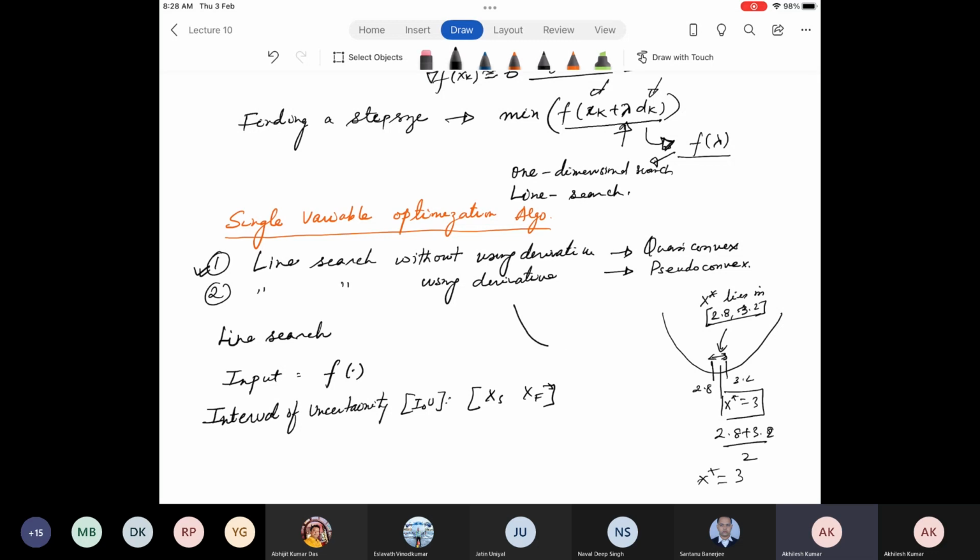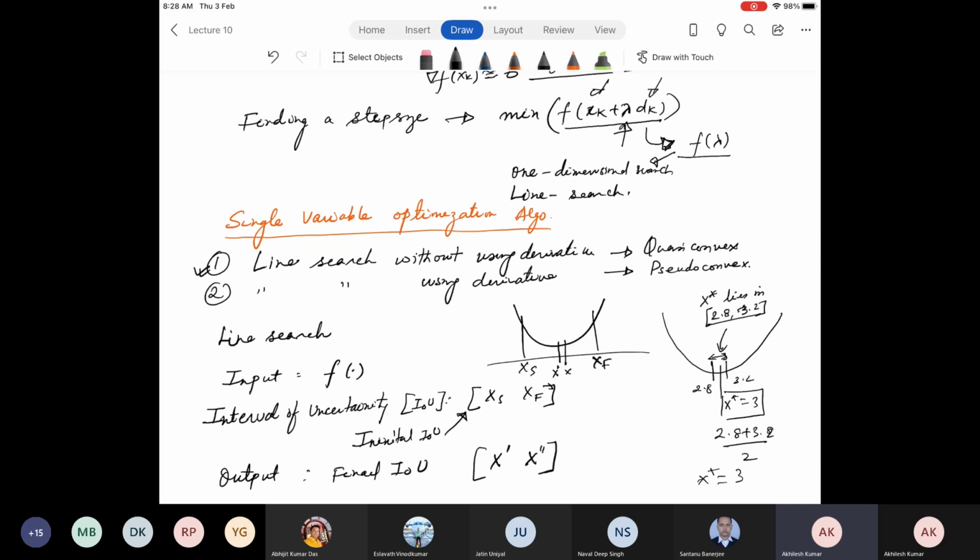When I say XS and XF, I will be searching for the solution between these 2 points. So the initial IOU is XS and XF, and the output is the final IOU, which could be something like X dash and X double dash.